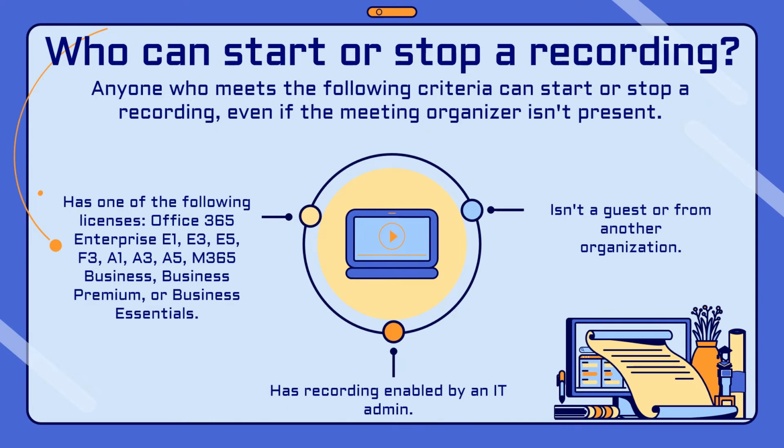So, first, has one of the following licenses: the Office 365 Enterprise E1, E3, E5, F3, A1, A3, A5, M365 Business, Business Premium, or Business Essentials. Next, has recording enabled by an IT admin.